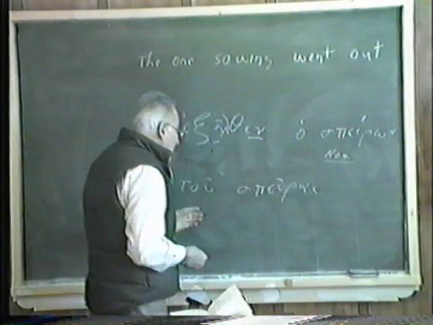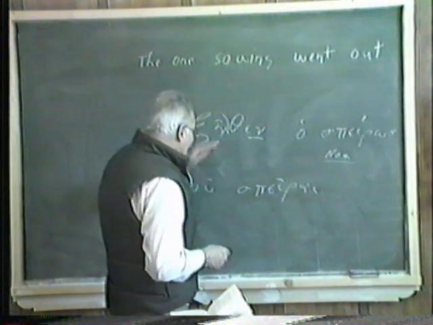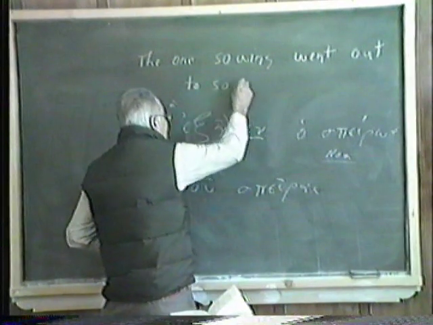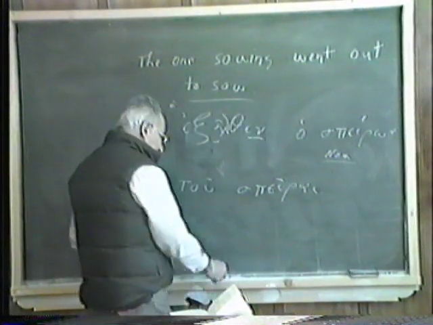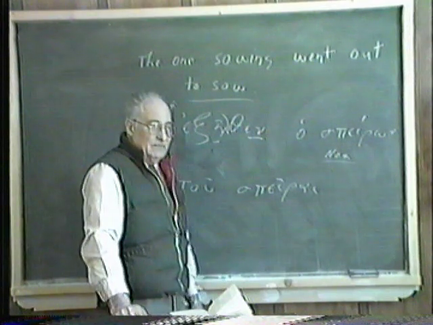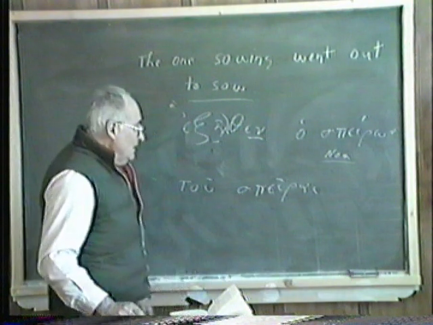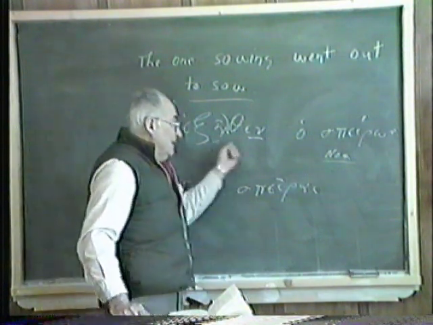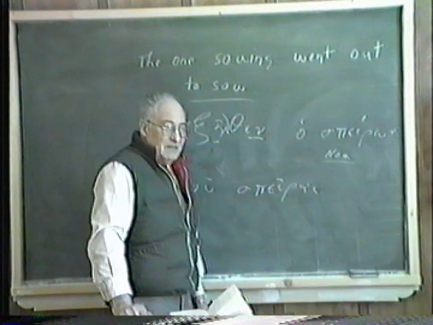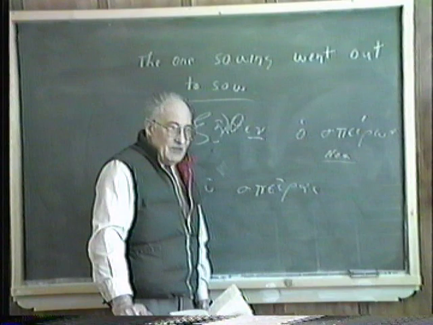Okay, here we go. The sower, the one sowing, went out to sow. Went out to sow. So that in just three main words, without the article, you got quite a nice sentence, haven't you?